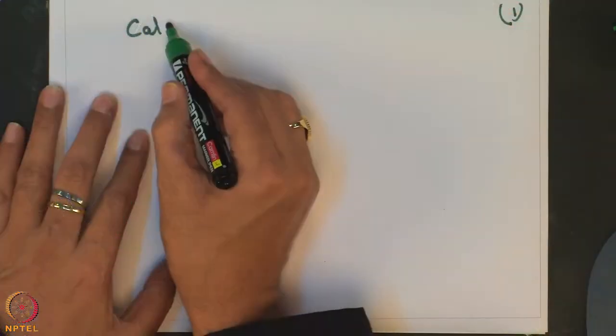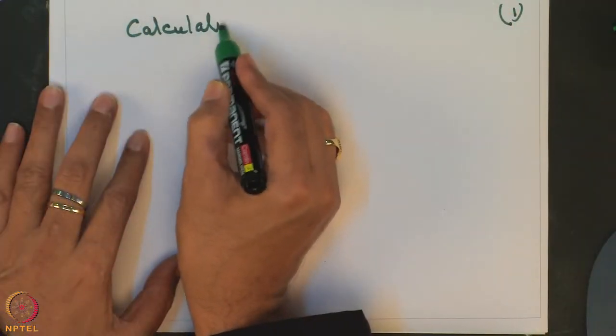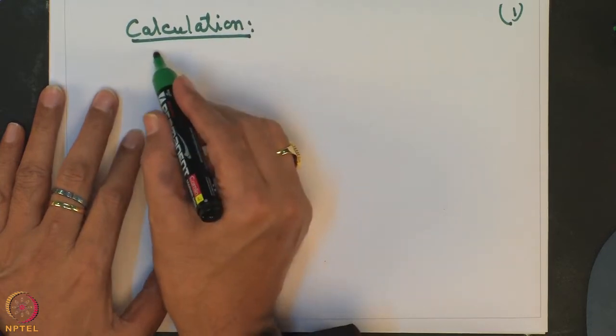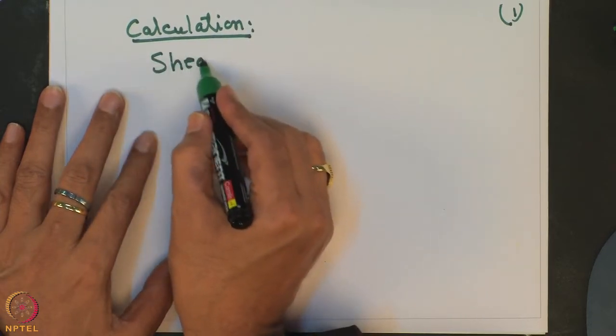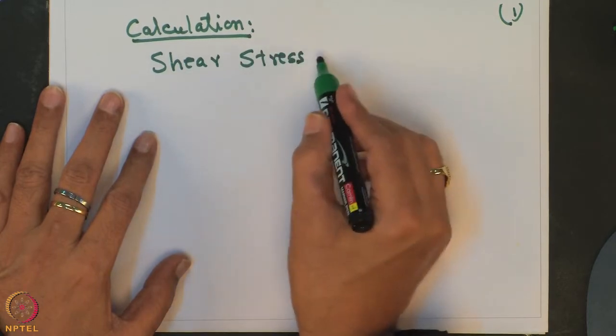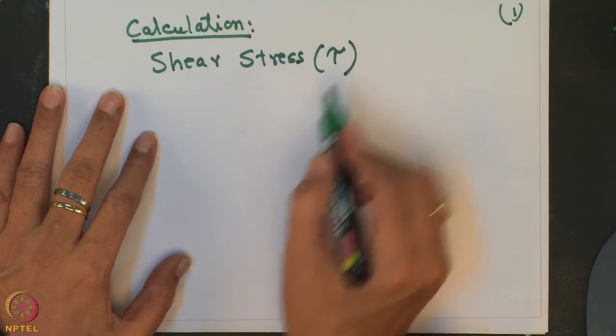Now, from this test, how can you calculate the shear stress? I will show you how to calculate the shear stress of the EPS geoform material. Here I am showing some calculation to determine the shear stress. It is expressed as tau.